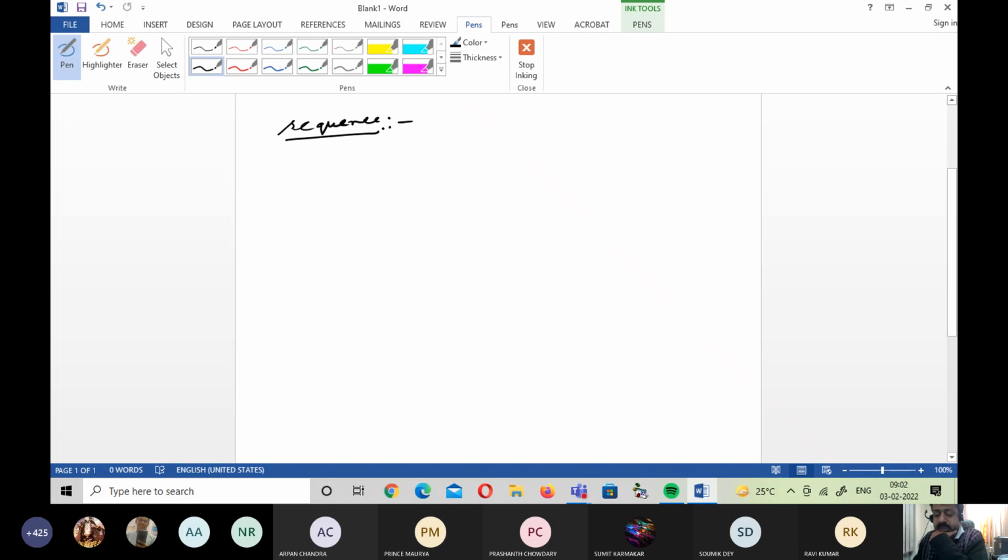A sequence is a function, or sometimes it may be considered as a mapping from natural numbers n to real numbers. Here n is 1, 2, 3 up to any natural number.